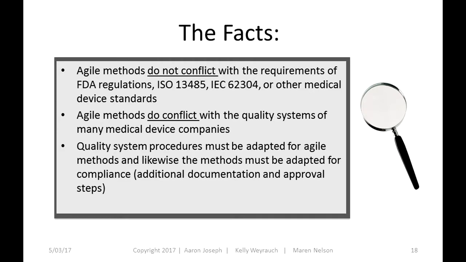The fact is Agile is not incompatible with regulations. As I mentioned, it's quite clear in the regulations and guidances that it's up to manufacturers to pick their development process. We own defining what the systems ought to be, what the process ought to be. But it does often conflict with organizations' own company policies. SOPs are often written to assume a linear sequential development model.